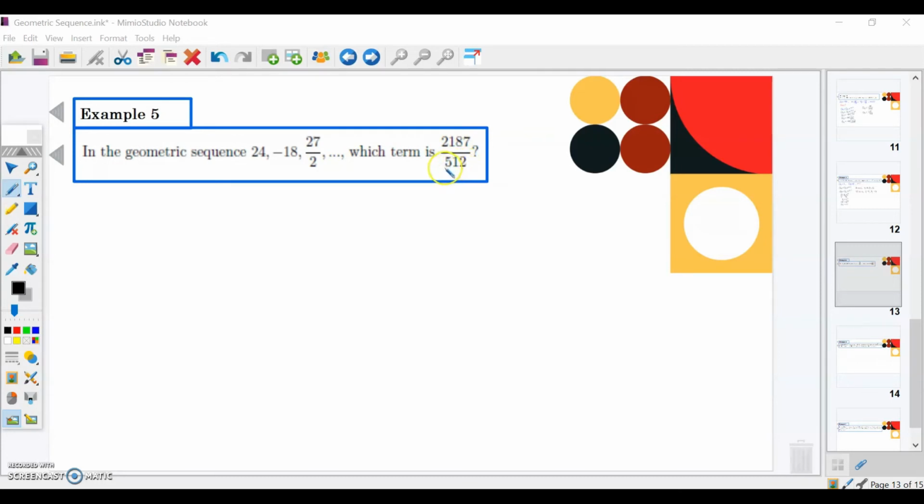So to solve for this one, again, we're going to use the formula a sub n equals a sub 1 times r raised to n minus 1. Take note that in the problem, we are given a sub 1, which is equal to 24. We are given the last term, which is 2,187 over 512.